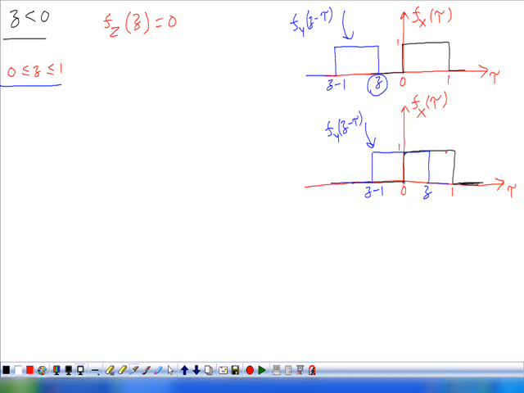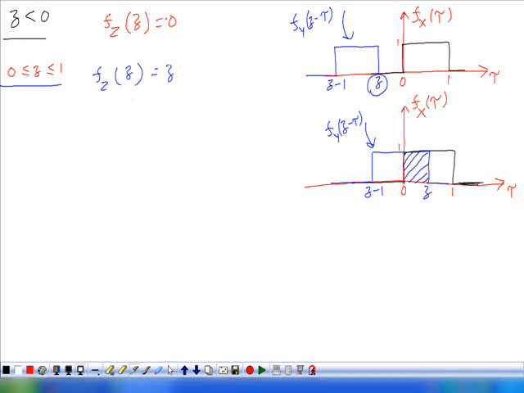One is 0, another is non-zero, so the product is 0. But in this interval the product is non-zero. So what is the product here? 1 into 1, 1. Okay. And what is the area under it? Area is Z. So therefore this Fz of Z is equivalent to Z.